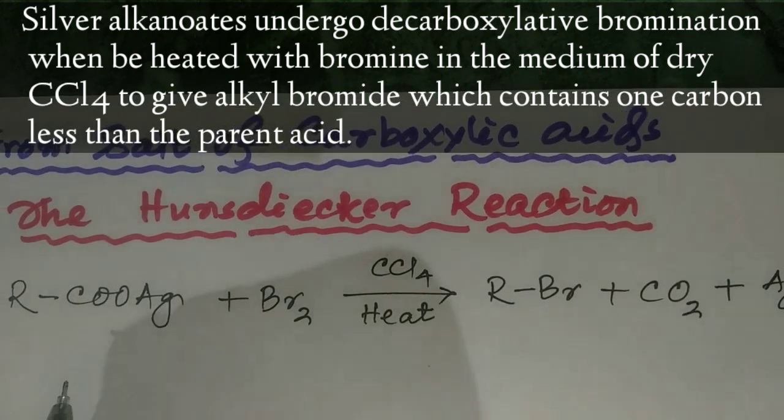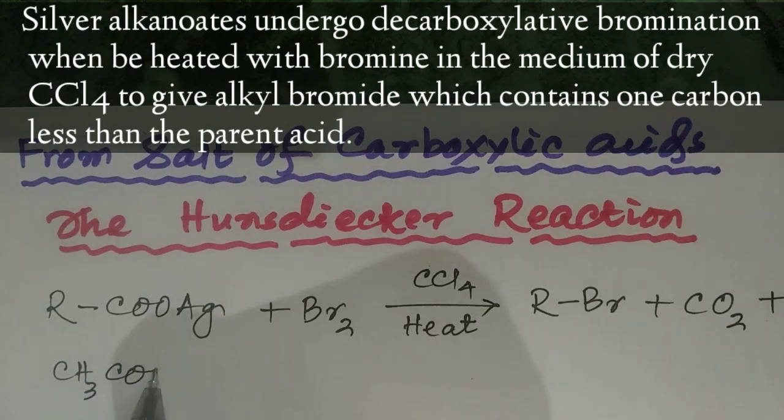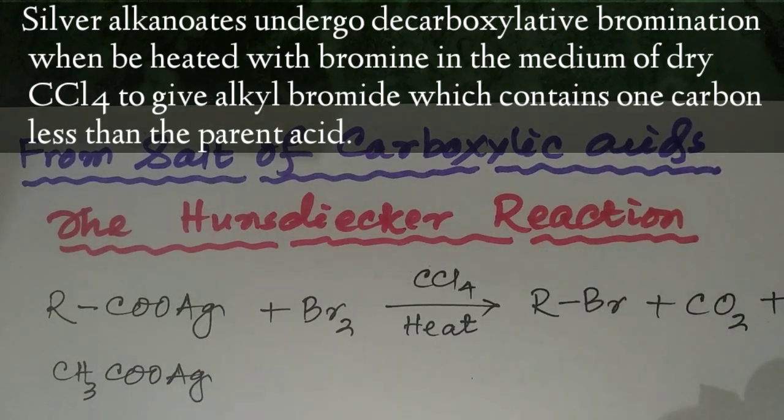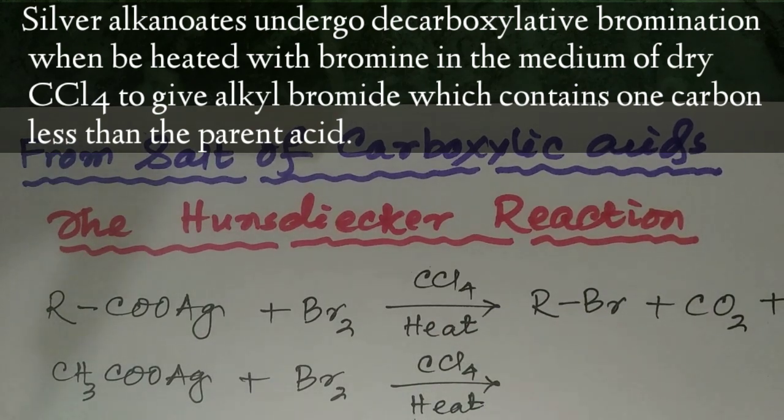For example, we can consider one very simple example here. Let us consider CH3COOAg, silver salt of acetic acid or silver acetate, when heated with bromine in the medium of CCl4. Can you tell me what would be my product? Look at the main reaction. This is your general reaction. RCOO, in the place of R, a CH3 group is there. So in our product we are getting RBr.